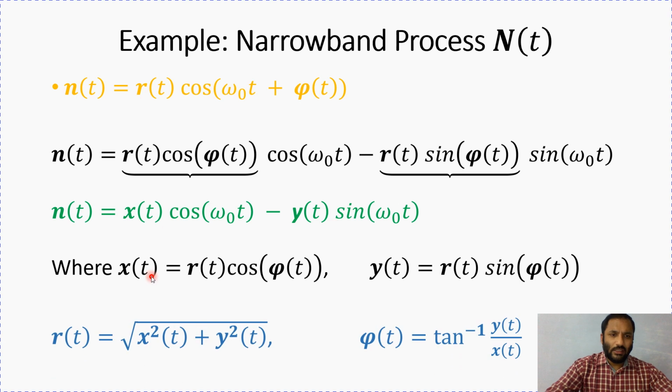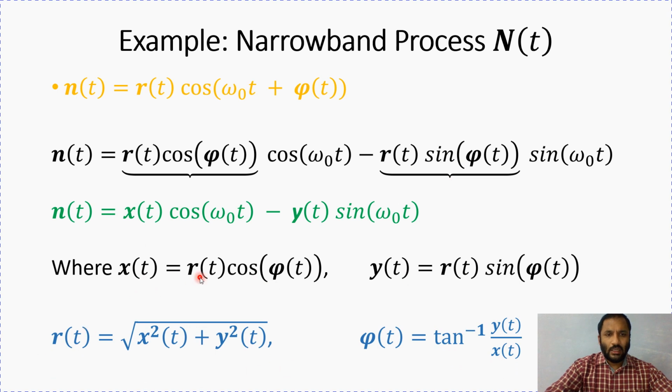Once we have these relations, that is x of t is equal to r of t into cos phi of t and y of t is equal to r of t into sine phi of t, we can derive further relations.